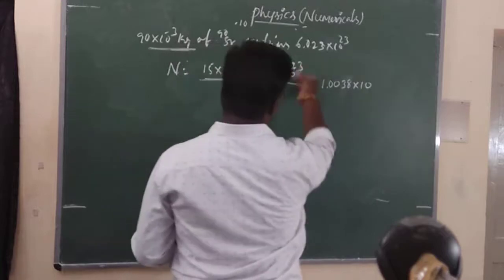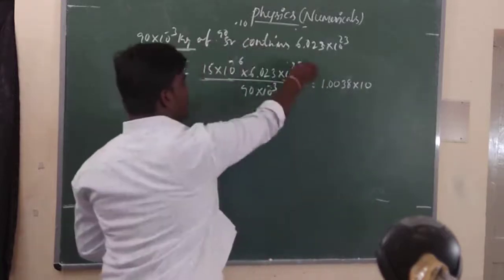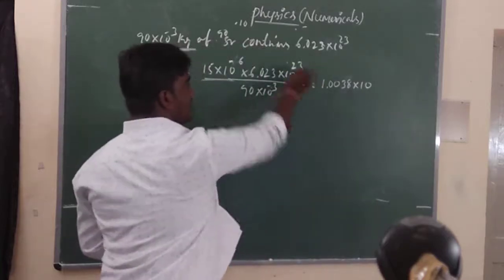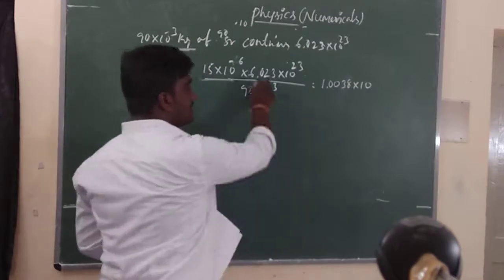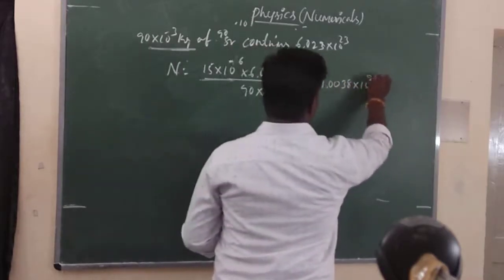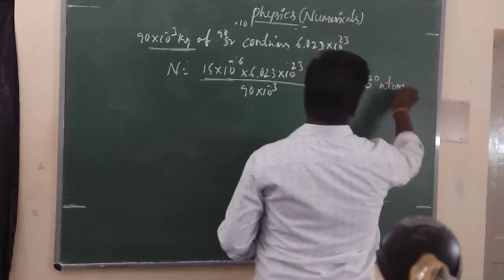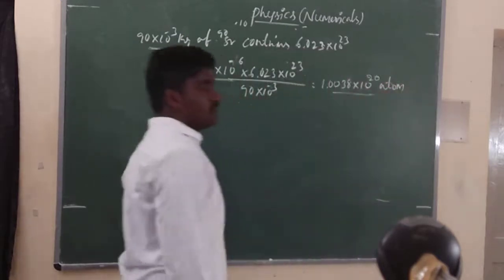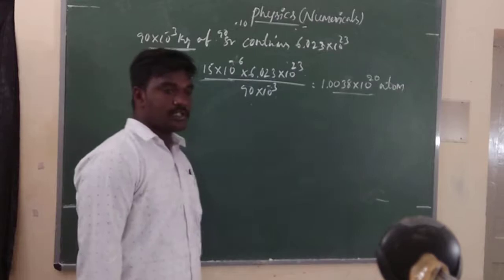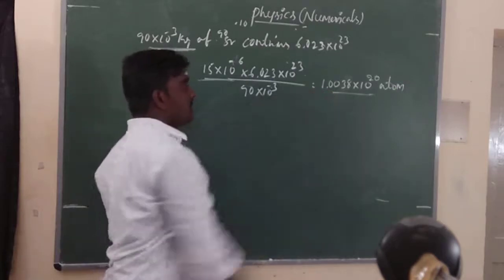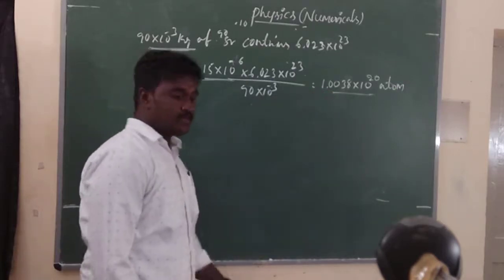Then 17 plus 3, because the denominator moving to the numerator turns minus 3 into plus, so 10 to the power of 20 atoms present in 90 grams of strontium. This much of atoms are present in that 90 grams.